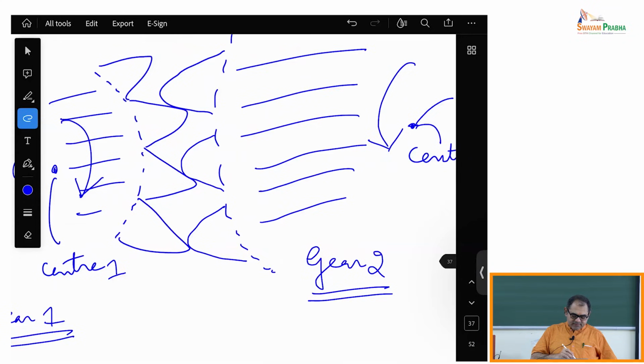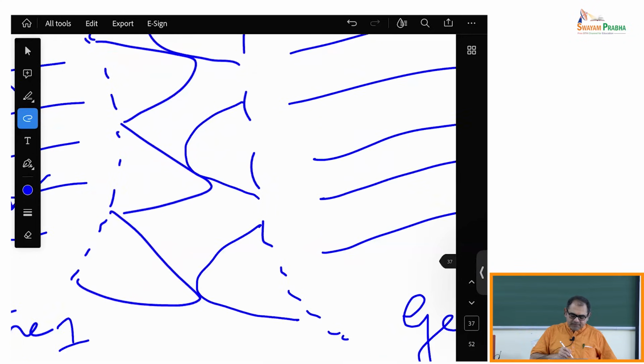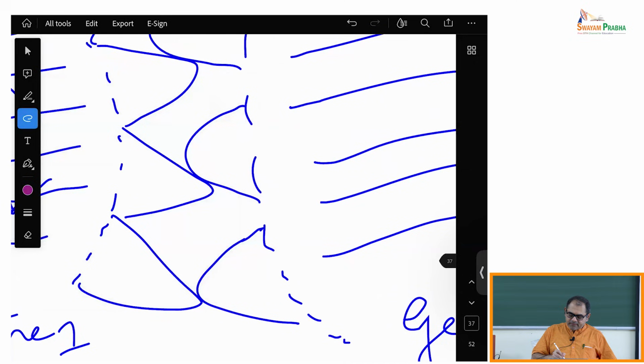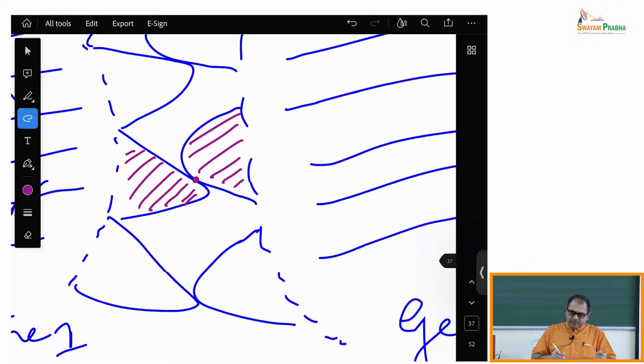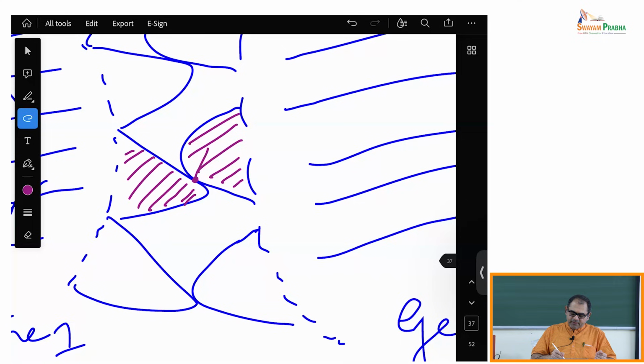Now what is it that you want? So you see, when the teeth of the, this is the tooth of the first gear, and it pushes against the tooth of the second gear. There is this point of contact, and at that point of contact there's going to be an action like this.